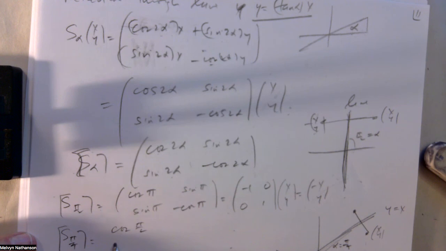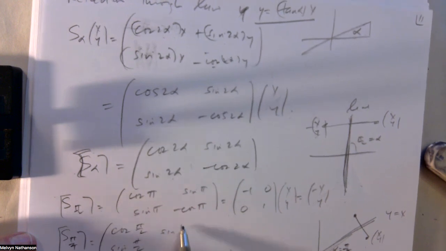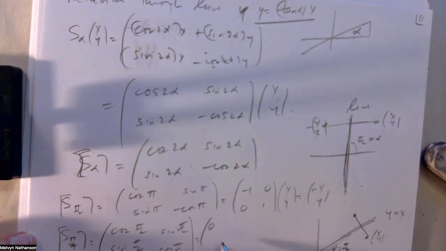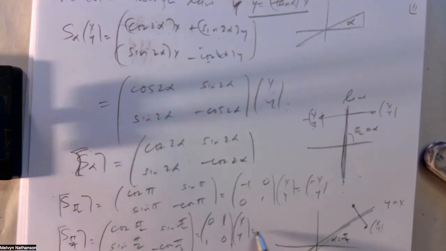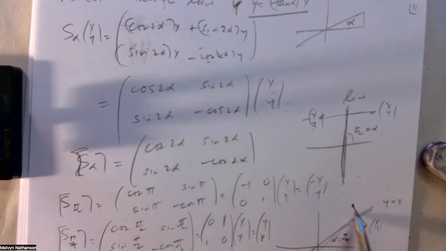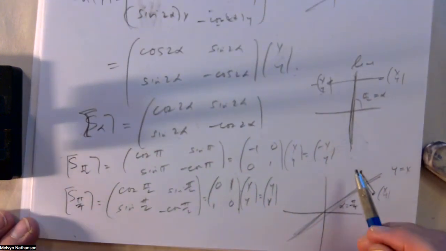Cosine pi over 2, sine pi over 2, sine pi over 2, minus cosine pi over 2. Cosine of pi over 2 is 0, sine of pi over 2 is 1. We get the matrix 0, 1, 1, 0. You apply that to xy, it interchanges the coordinates. You get yx. And if you just look at some examples, you'll see this is 100% correct. You take the vector xy and you reflect it through this line, you get the vector yx.